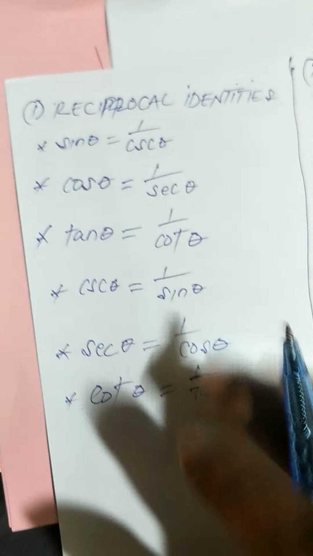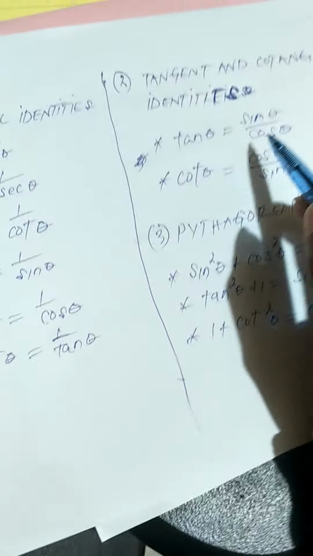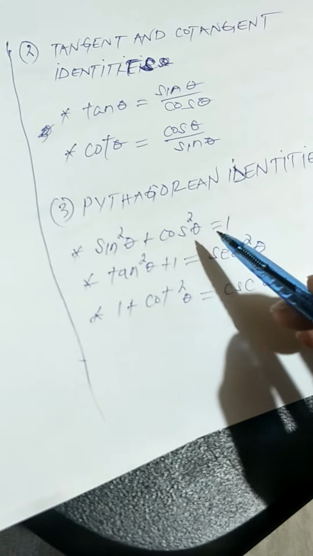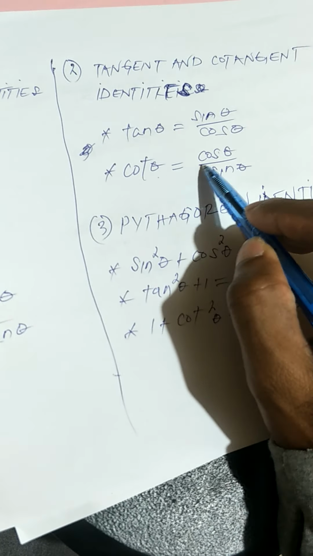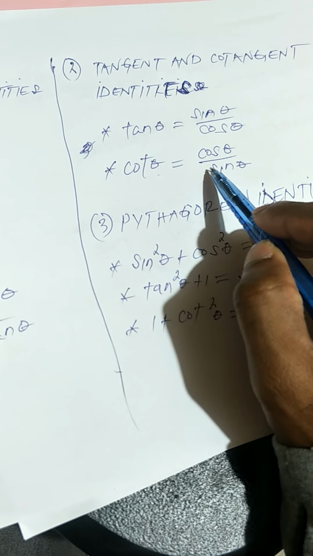So I refer back to my relationships. Am I going to apply reciprocal? No. Am I going to apply tangent and cotangent? Yes. And Pythagorean identities? No. So I'm going to apply this one, guys. Cotangent. Okay.